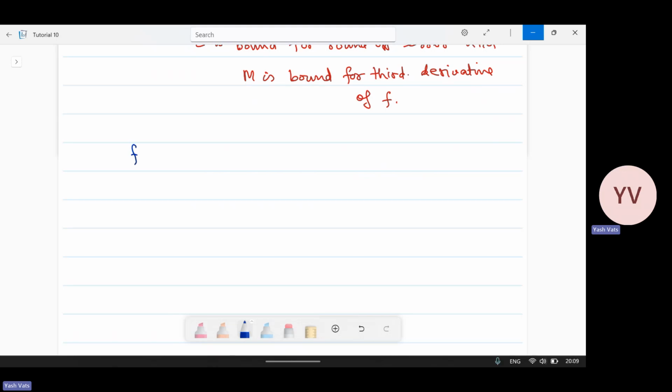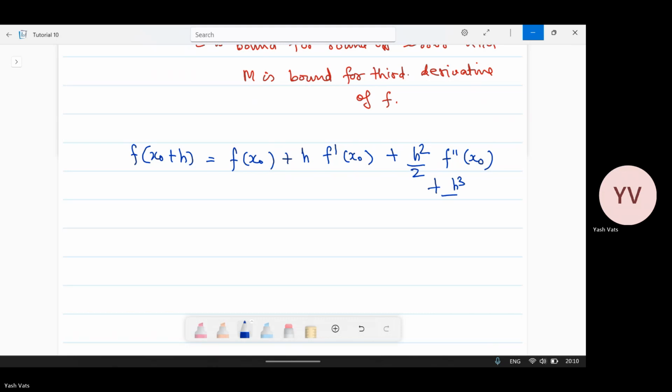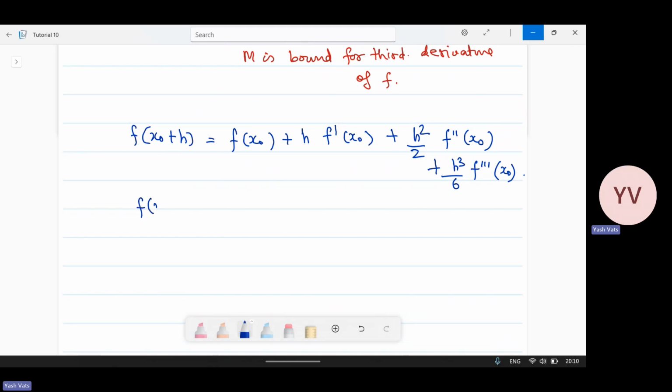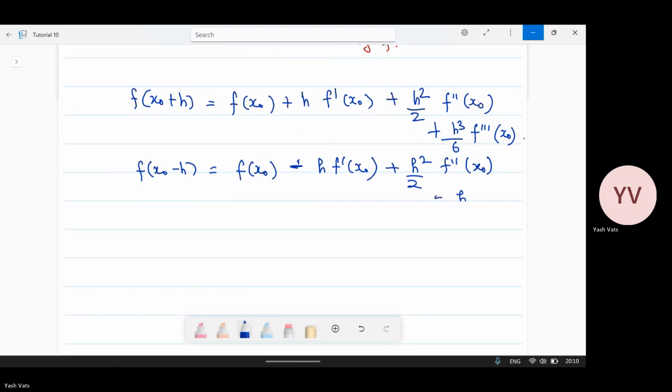So what is f(x0 + h) doing? f(x0 + h) is basically written as f(x0) plus... and similarly f(x0 - h).